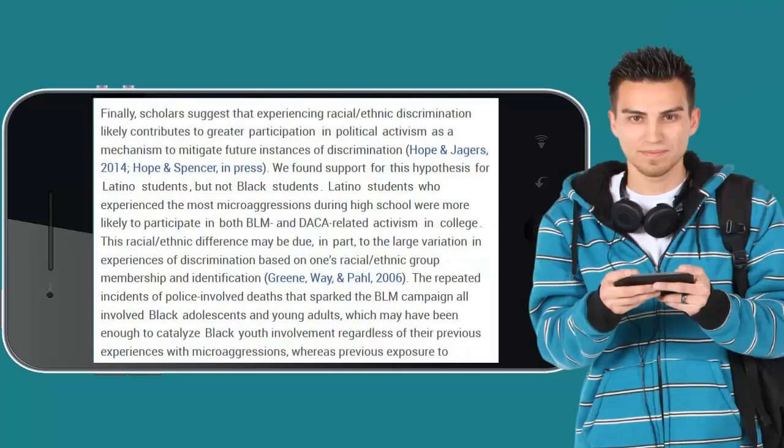This involves considerable reflection on your part. For example, does this statement argue your topic? "Finally, scholars suggest that experiencing racial and ethnic discrimination likely contributes to greater participation in political activism as a mechanism to mitigate future instances of discrimination."